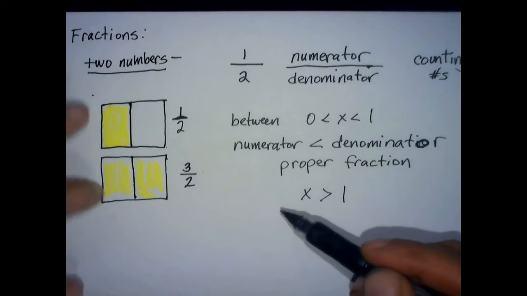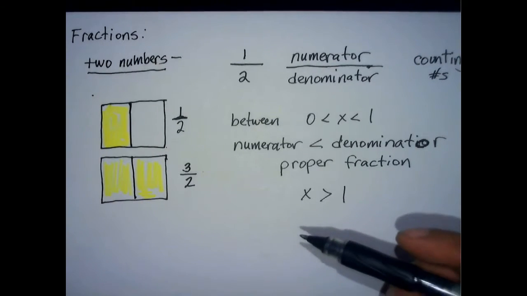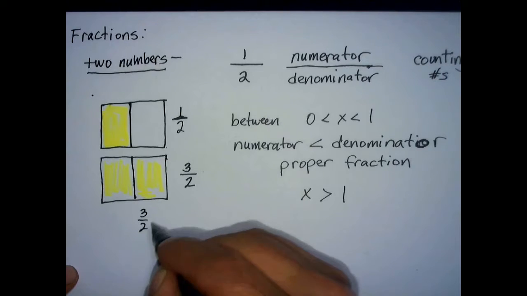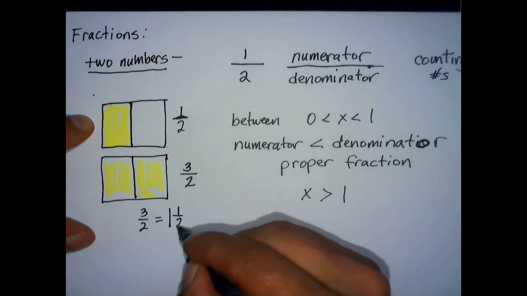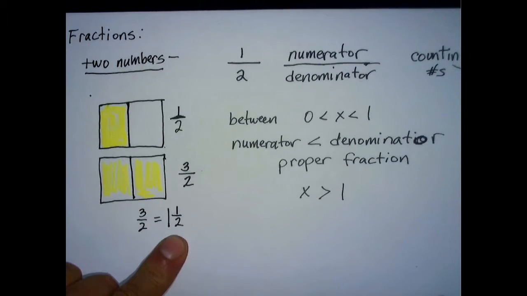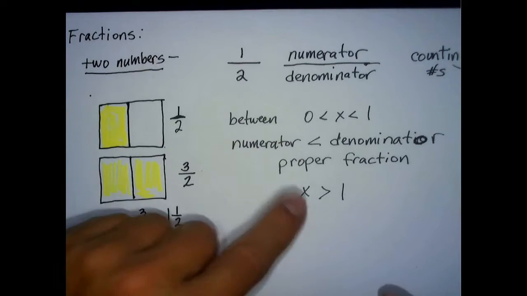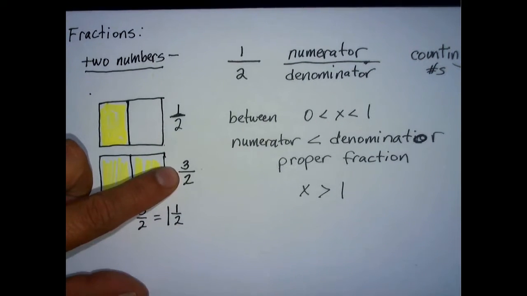This is bigger than 1. If this is 1.5, we could say that it's 1.5. 3/2 is 1.5, which is bigger than 1. How do you compare the numerator and the denominator?